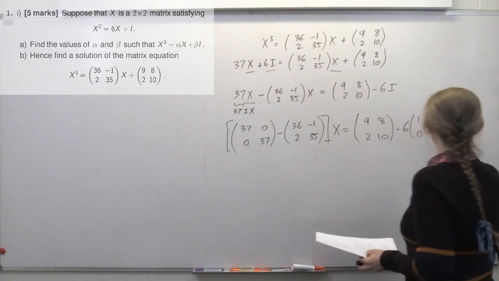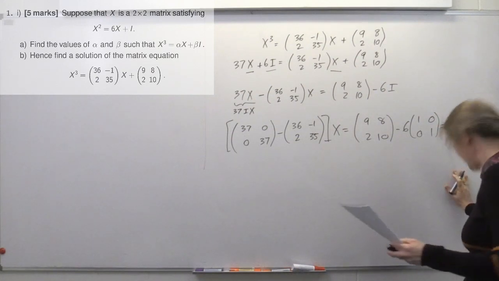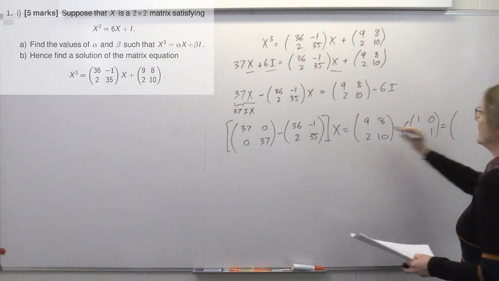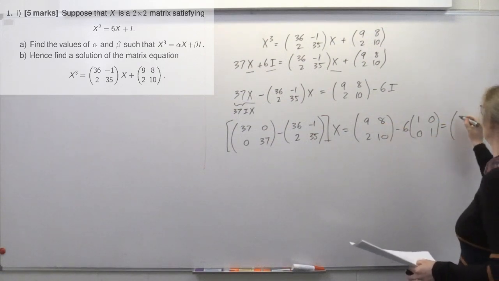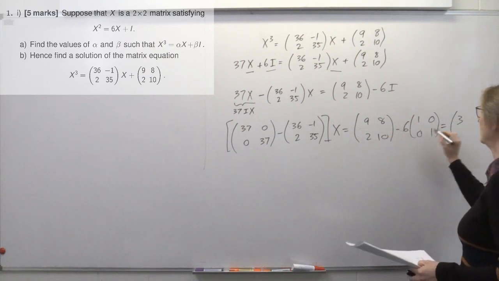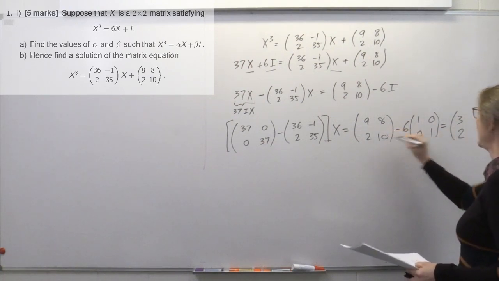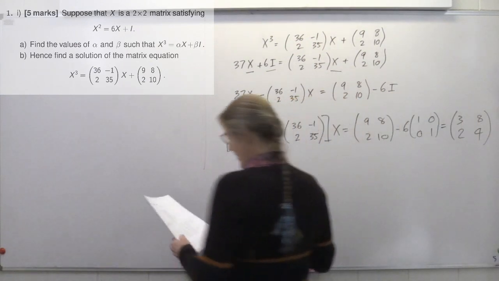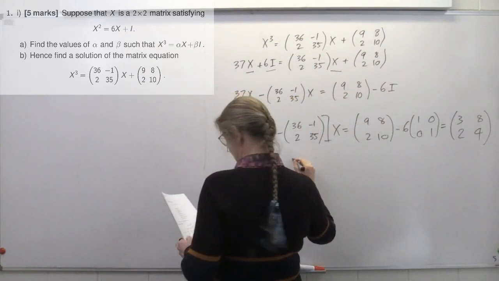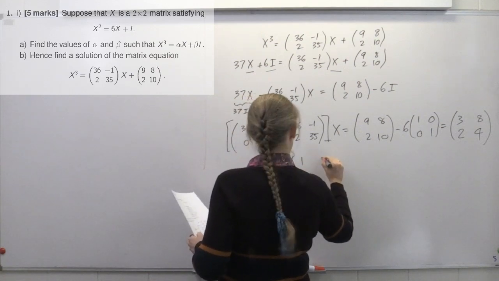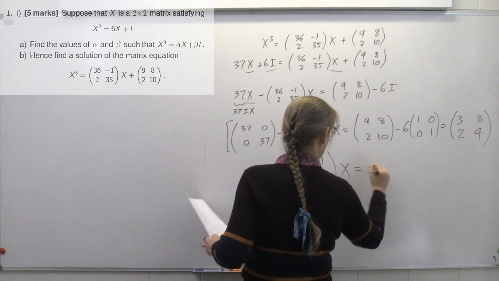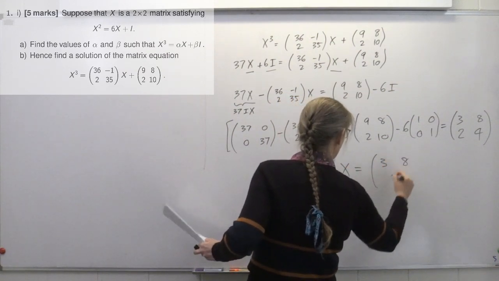And of course, we can now simplify this down. 9 minus 6 is 3, 8 minus 0 is 8, 2 minus 0 is 2, 10 minus 6 is 4. Okay. And on our left-hand side, we've got 1, 1, minus 2, 2, x is equal to this, 3, 8, 2, 4.